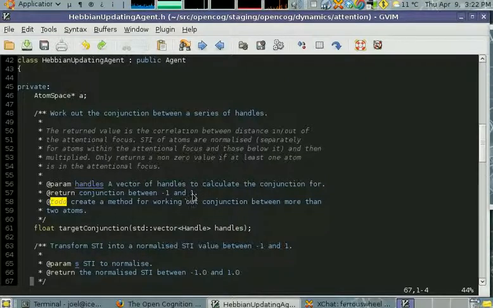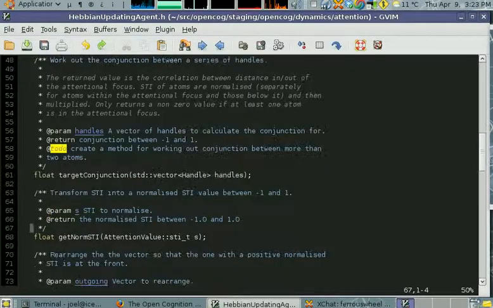You'd actually have that same value if they were both the minimum STI. But if you had atom A, which had a whole lot of short-term importance, and atom B, which had very little short-term importance, then you'd have a correlation of -1. That's assuming that A was in the attentional focus and B wasn't. So it's reasonably simple there.